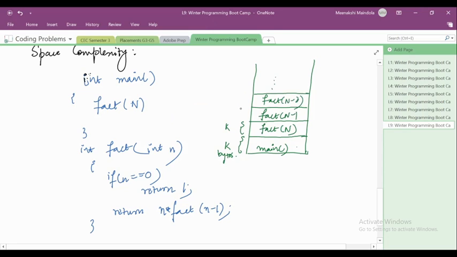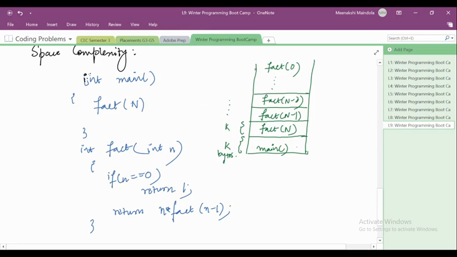So every time this function recursively calls itself, it is going to take up k bytes of space on the stack. Okay, and up till which part is it going to take up k bytes of space? Up till fact of 0 comes, and whenever you run fact of 0, it is going to return 1.